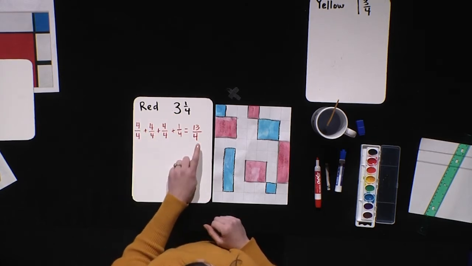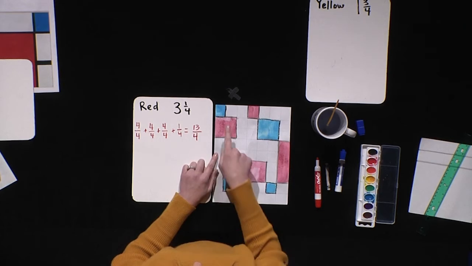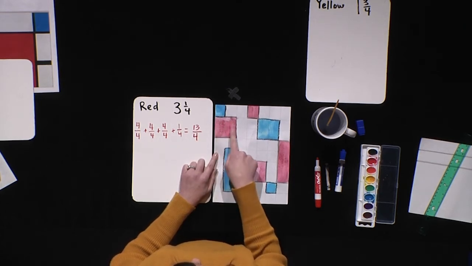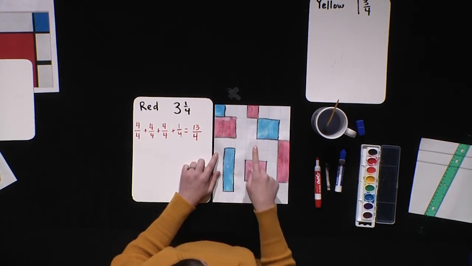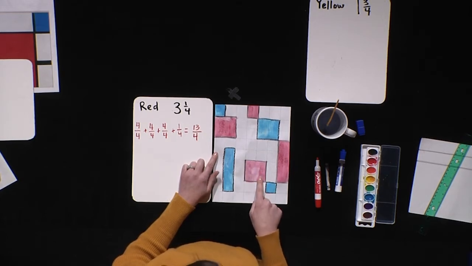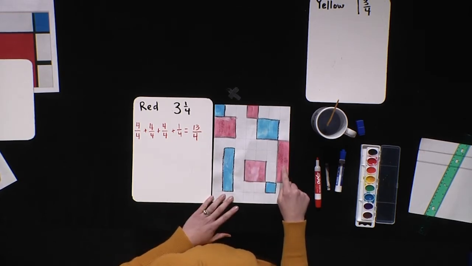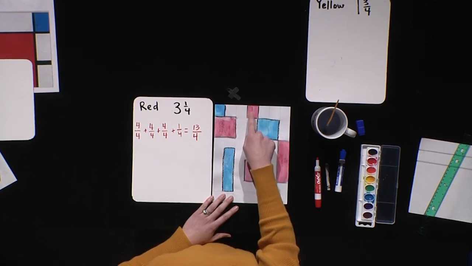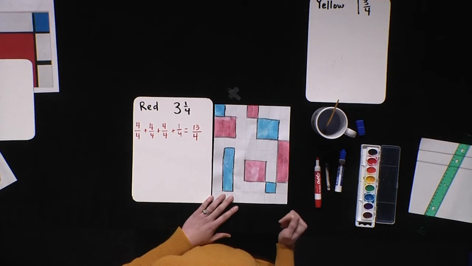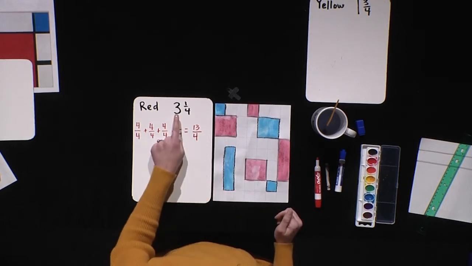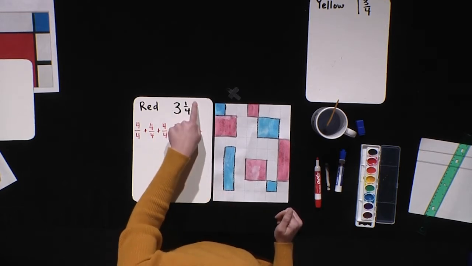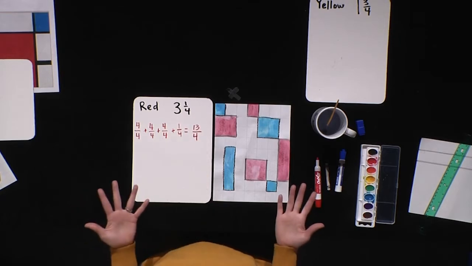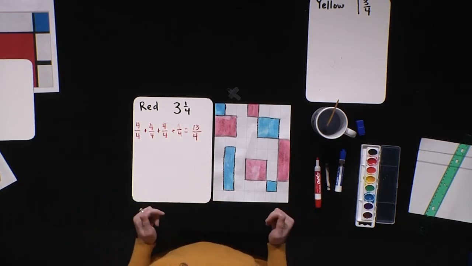So let's see if we see 13/4. 1, 2, 3, 4. That's 4/4. 5/4, 6/4, 7/4, 8/4, 9/4, 10/4, 11/4, 12/4, 13/4. I see our green apple, but I bet some of you also still see 3 1/4. Excellent.